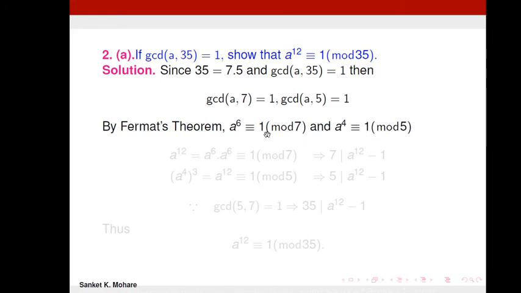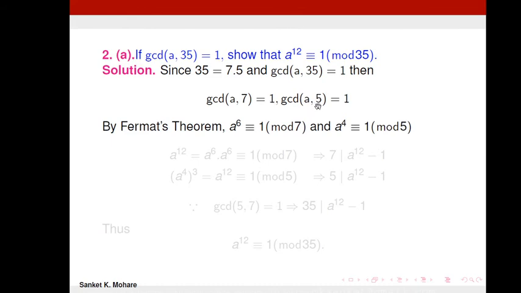But there is one extra condition in Fermat's theorem: p should not divide a. It doesn't mention here that 7 doesn't divide a or 5 doesn't divide a. Still I apply Fermat's theorem. How? Because GCD of a comma 7 is 1, this implies 7 doesn't divide a. If 7 divides a, then obviously your GCD can never be 1.